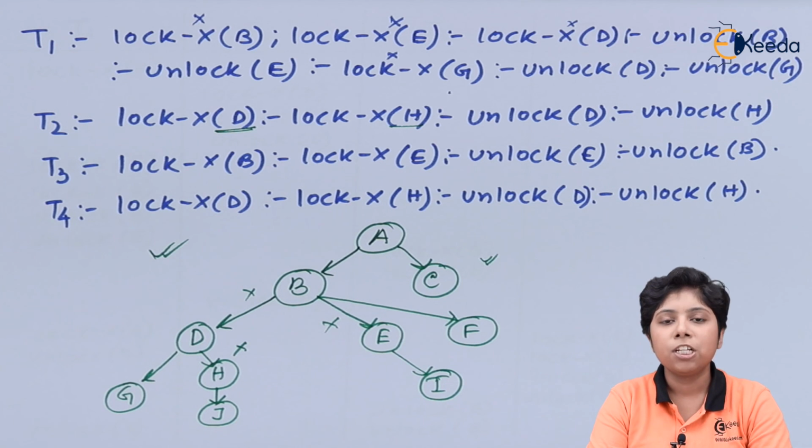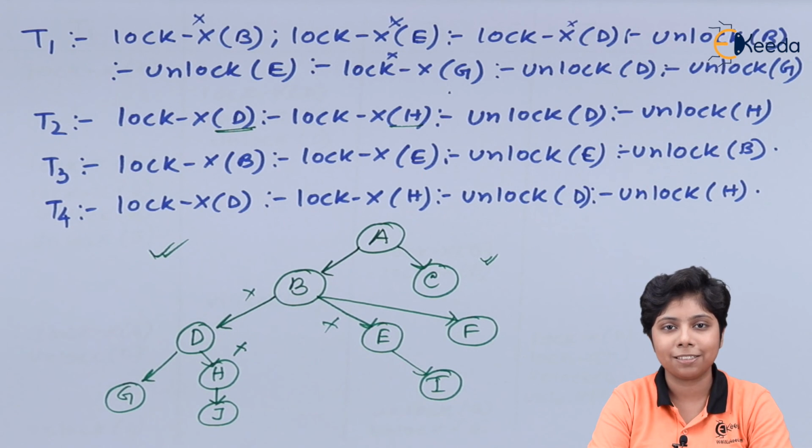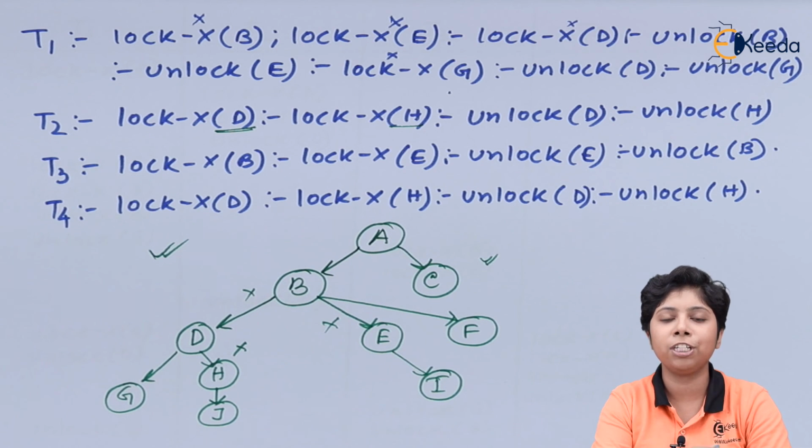So it is up to the database designer to choose the locking protocol based on the database needs. That is all for the implementation of two-phase locking protocol and tree protocol for ensuring conflict serializability.